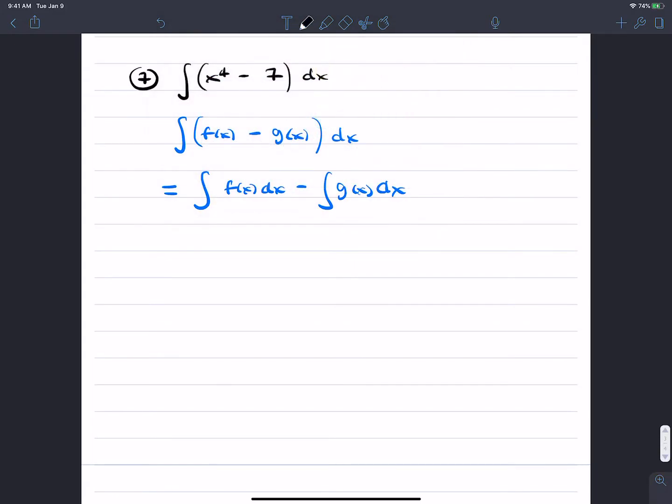So by this property, I have to integrate x to the fourth minus the integral of 7, again, of the constant. And let's actually use another property and write this down as a property here as well, so you guys can use this.